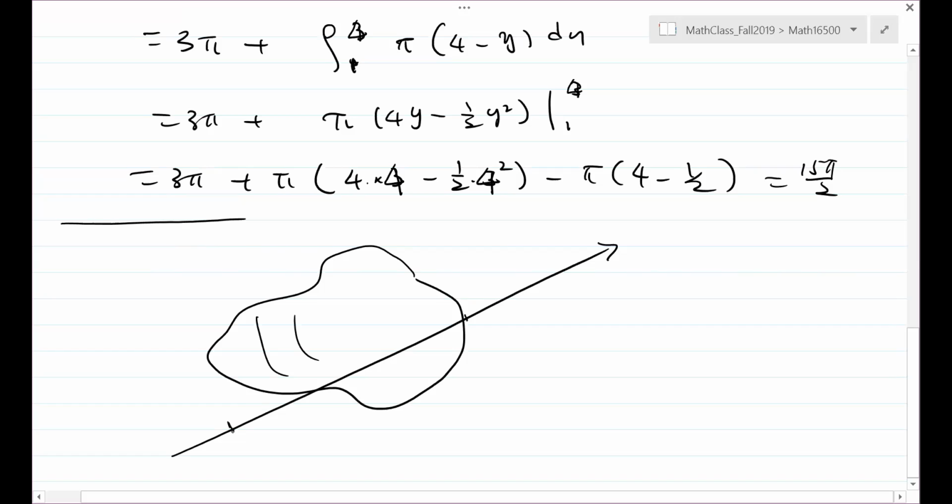So what I'm going to do is use a cylinder to cut this solid. Most of the time, the solid is going to be symmetric around this axis. Okay. So this is R.